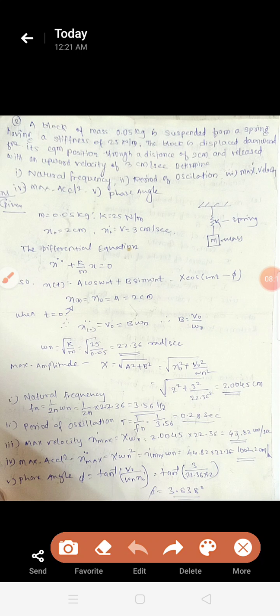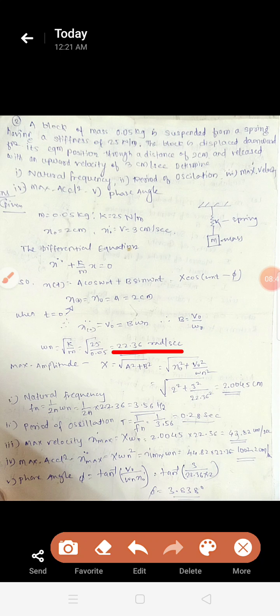Now for maximum acceleration, x double dot max is X omega n square, that is x dot max into omega n, so we multiply 44.82 by 22.36.